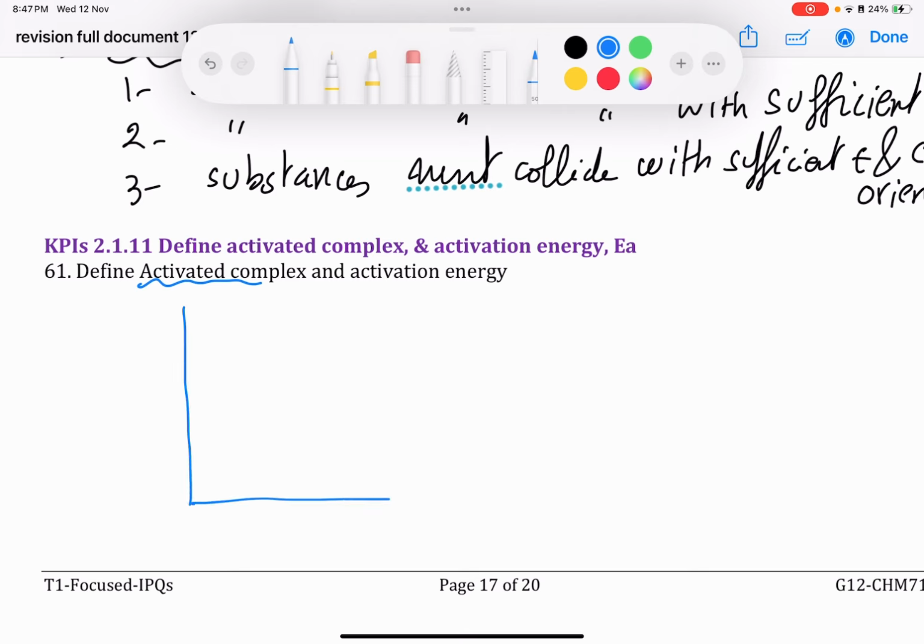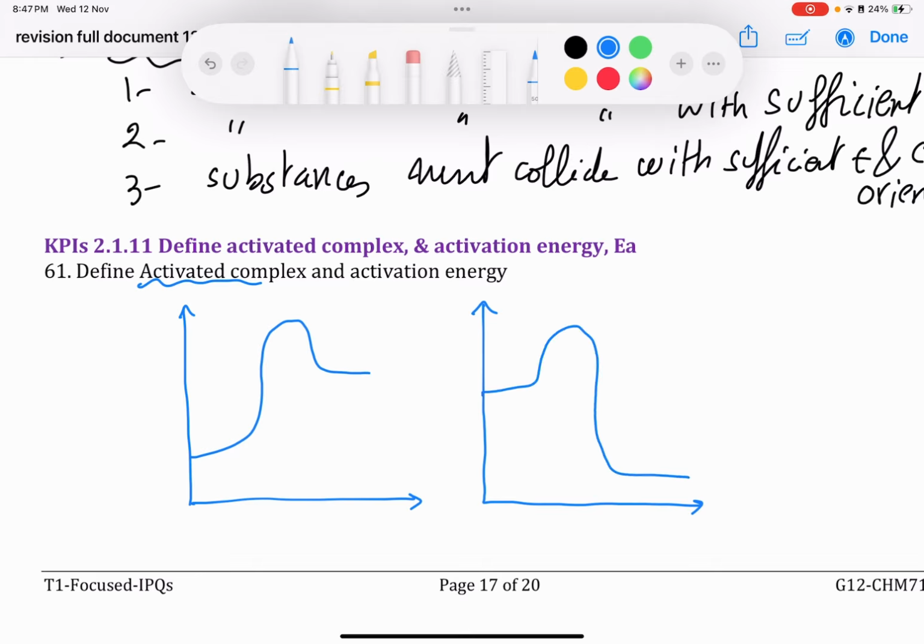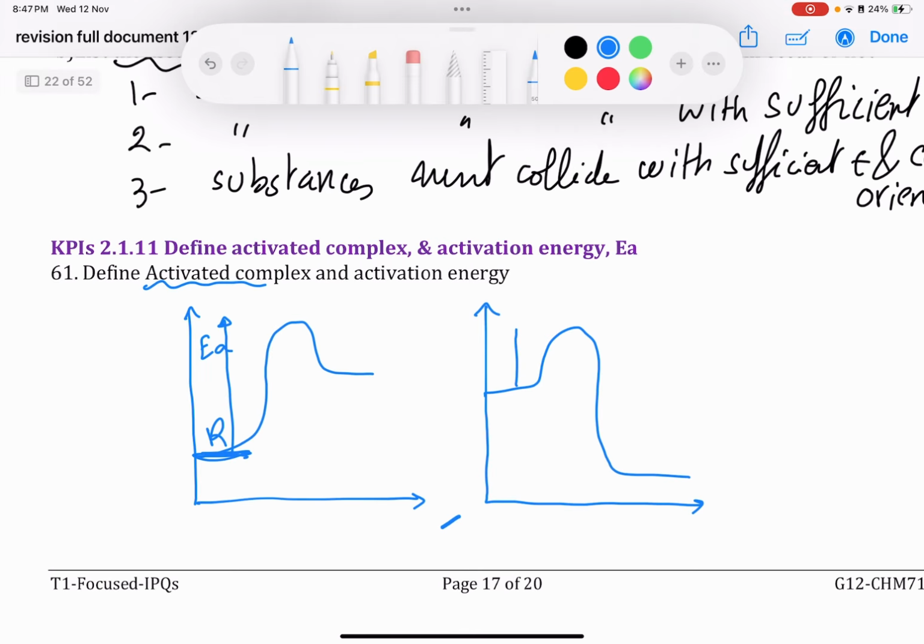If I look at an energy diagram, whether the reaction is endothermic or exothermic, the reacting particles, the reactants, must have sufficient energy, which is the activation energy, to reach what we call the activated complex at the top of the curve.